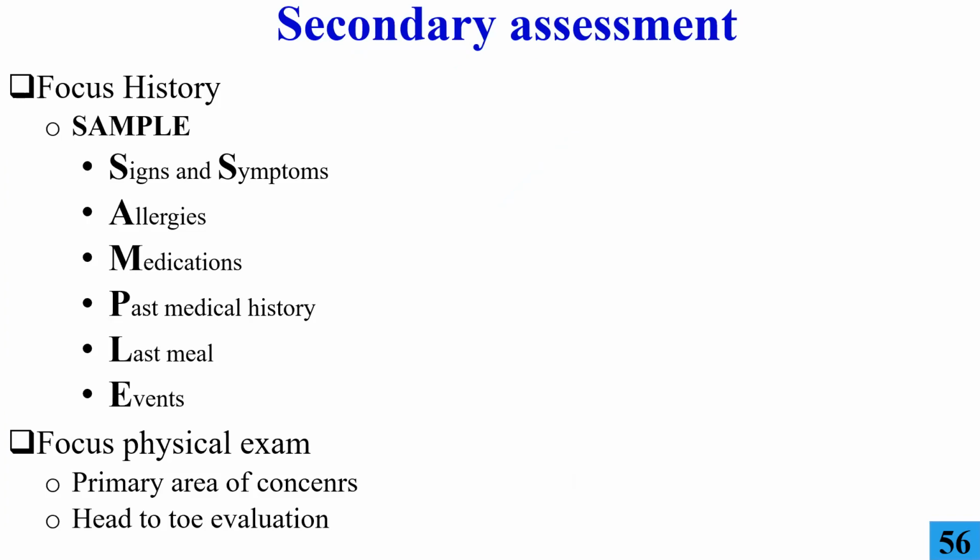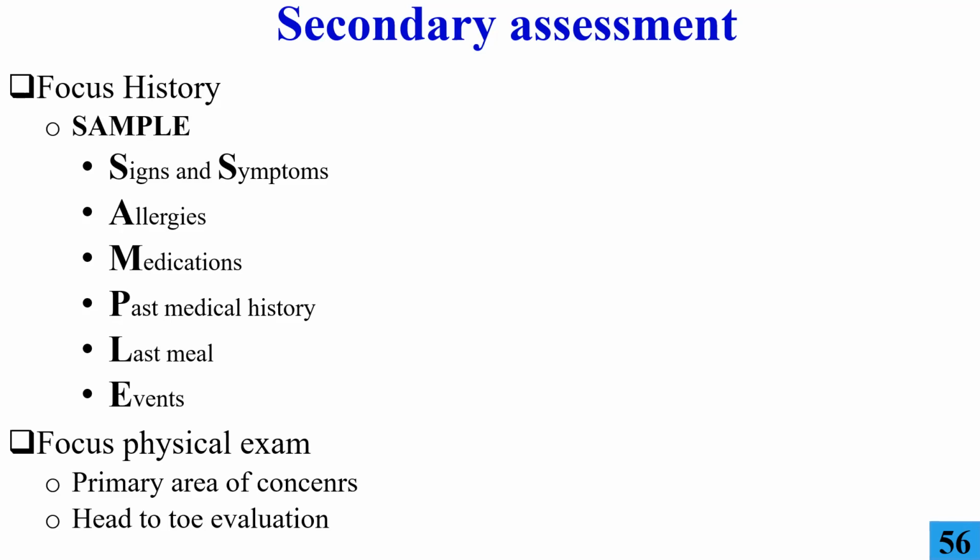The secondary assessment is a focused history, and the focused history is called SAMPLE. SAMPLE includes S for signs and symptoms, A for allergy, M for medications, P for past history, L for last meal, and E for the events around the problem.